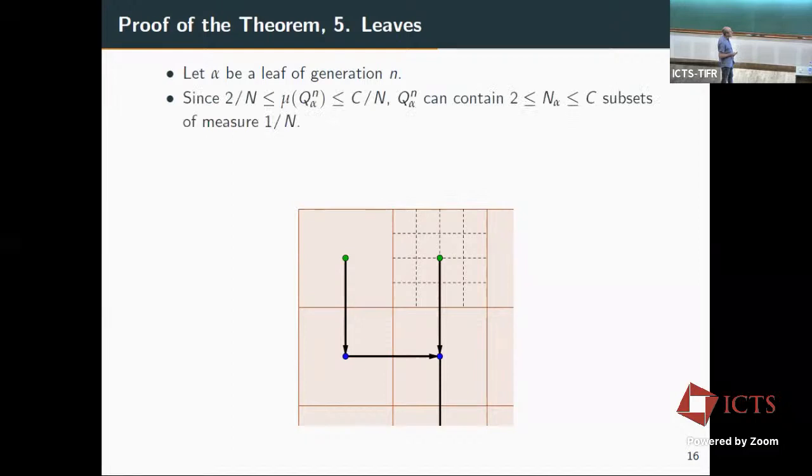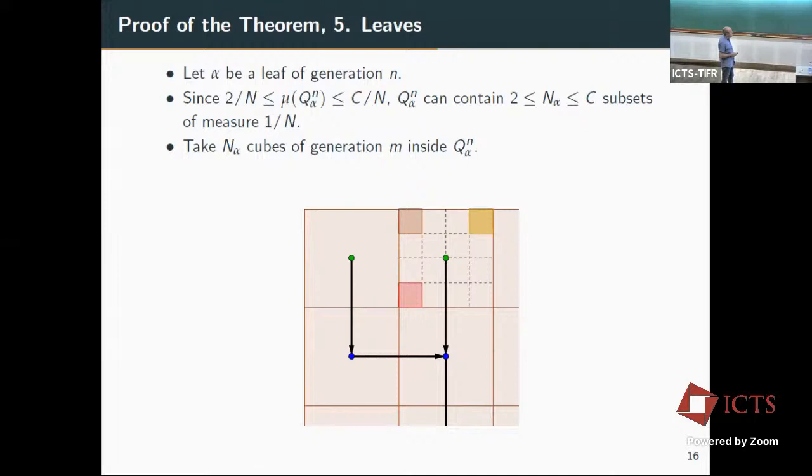And well, because we know that the measure of our cube is bigger than 2 over n, this is what we said at the beginning, this is how we constructed this cube, but smaller than C over n, then this cube can contain a number of regions n alpha, which is between 2 and C. So n alpha is the maximum number of regions of measure 1 over n that fit inside this cube.